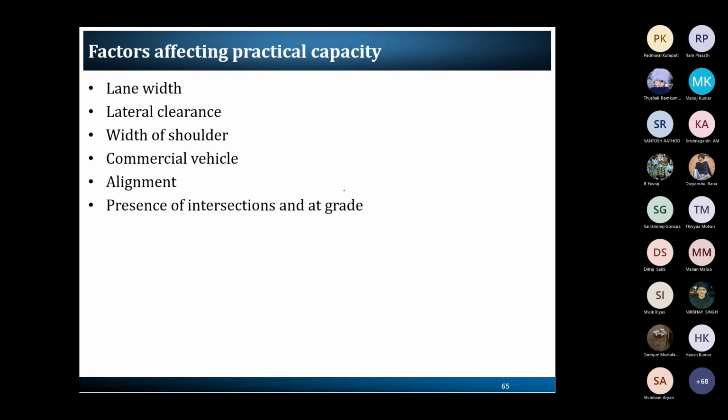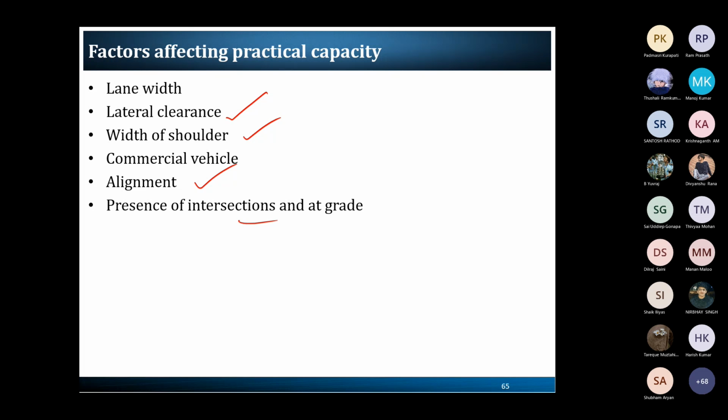Finally, the capacity is depending upon the lane width, lateral distance, shoulder width if provided. Ultimately, it is depending upon heavy vehicles like the commercial LCV, HCV and the buses. Alignment, how the horizontal and vertical alignment of the road is, whether the intersections are at grade or overpass, underpass.